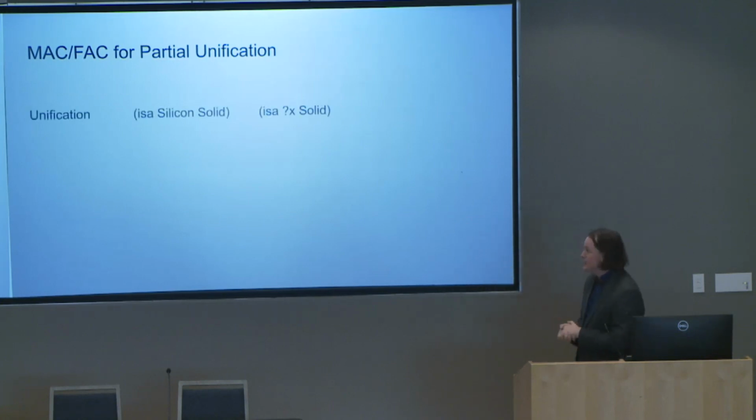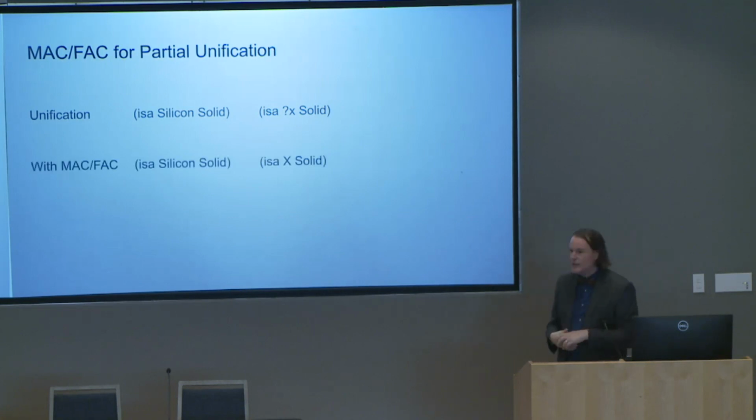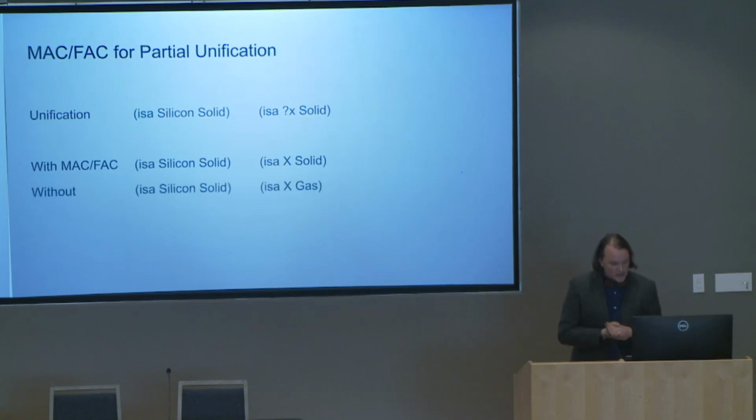So in traditional unification, we might want to align these 2 expressions, have one unify with the other. And when running with Macvac, we similarly are going to have these 2 expressions align. What's interesting here is that silicon and X are aligning. SME does not know anything about X, does not know that I'm treating X as a variable. It is just another entity. Since it is just another entity, these 2 expressions will also align.